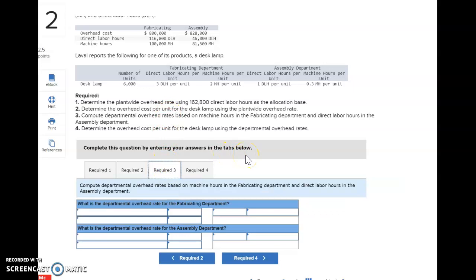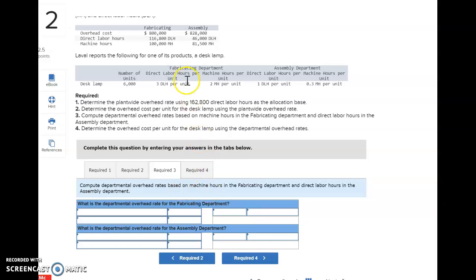Requirement 3 is we're going to do departmental rates. And so page 132 in the chapter goes over departmental rates. And so you'll calculate a departmental rate for each department. So the fabricating department, we're going to take the fabricating overhead, and it says that our activity base is going to be machine hours.